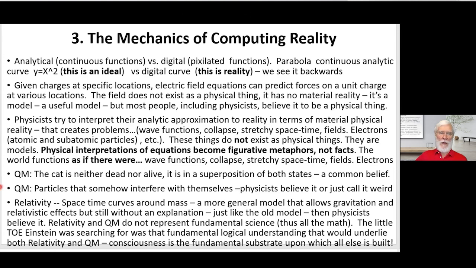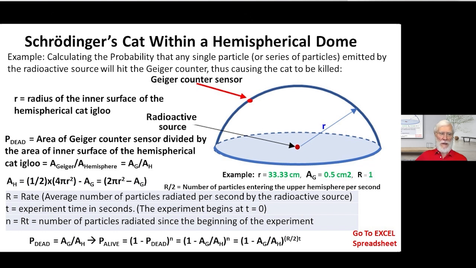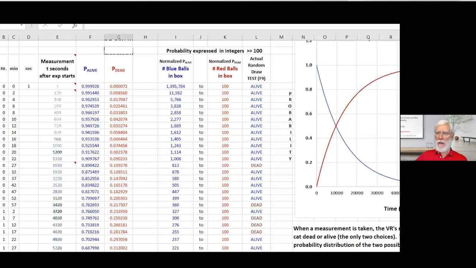Okay. Now, let's jump one more time to the next one. Okay, this was Schrödinger's cat, and hopefully you recall this. If you haven't, then you need to go back and look at part 1 and part 2 first. But here, I'll just pop over to Schrödinger's cat and show you this again.